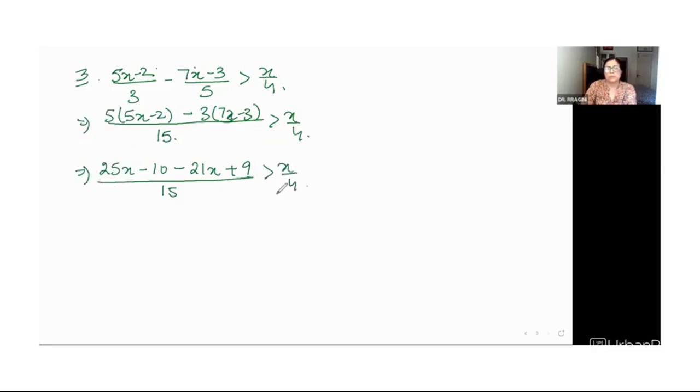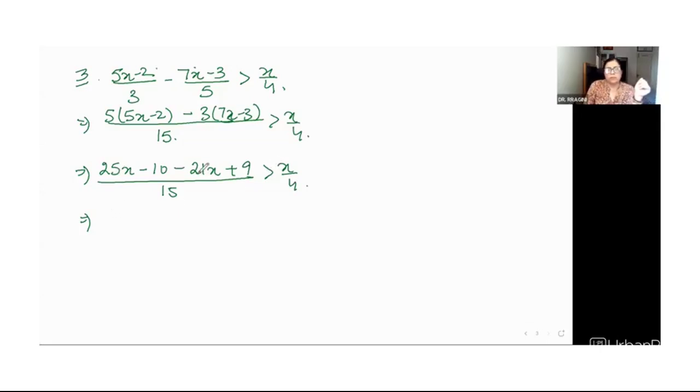Greater than this. In linear inequalities, this particular question is not having x terms in denominator, but it is preferred not to use cross multiplication because then it becomes a habit. So always take out everything to the left hand side and keep zeros on the right hand side, right?